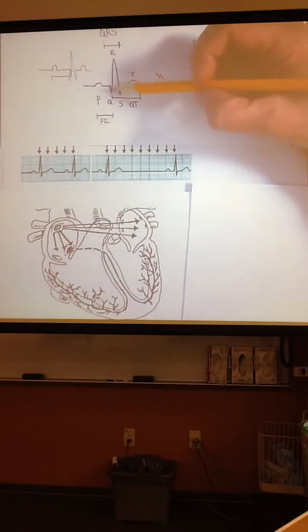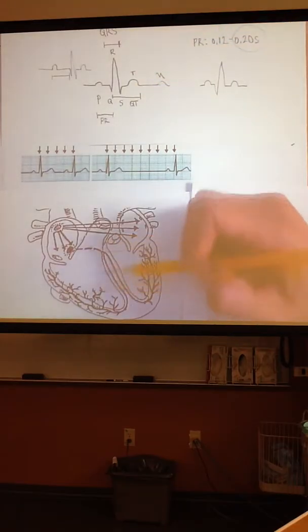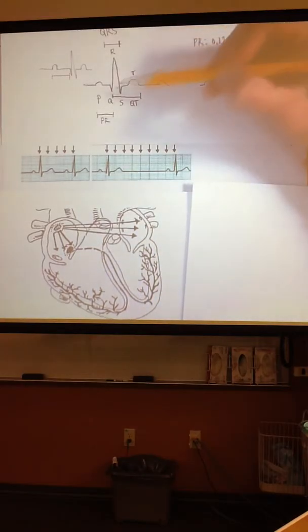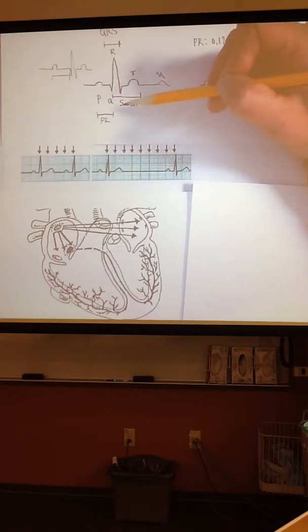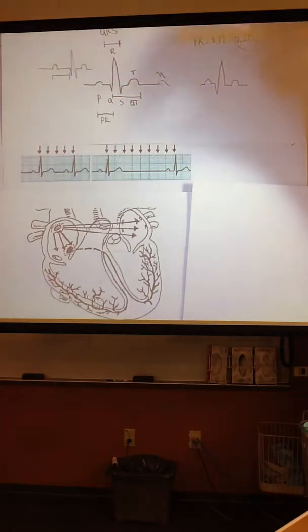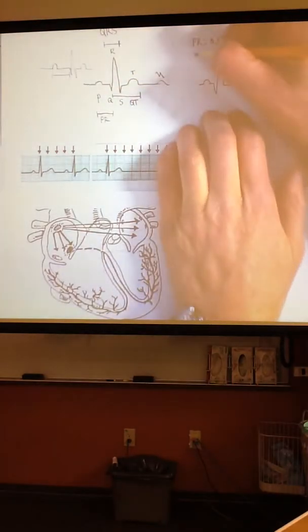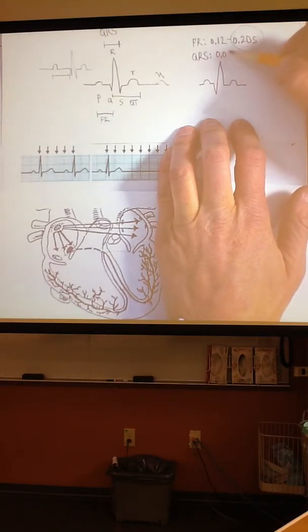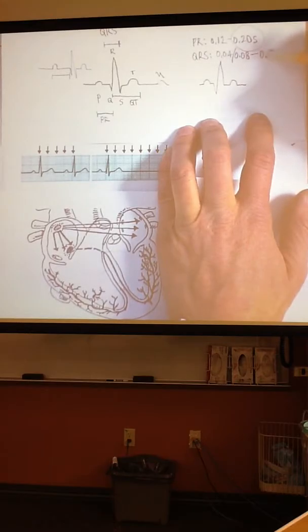So from the Q wave, we have the QRS complex, and that is going to be the ventricular depolarization. And as we talked before, it can be upright or it can deflect downward depending on what lead you're looking at. The QRS complex, you may see some people listed as 0.04 or 0.08 to 0.12.